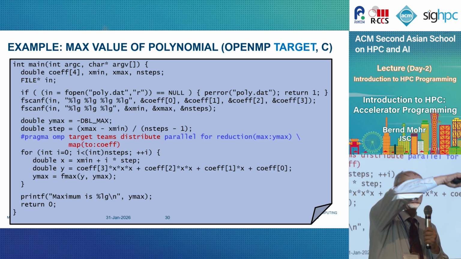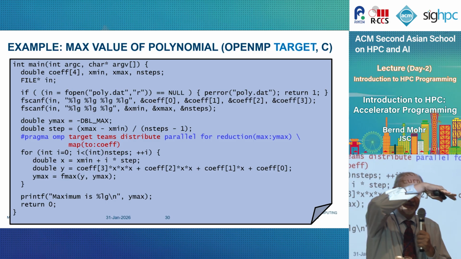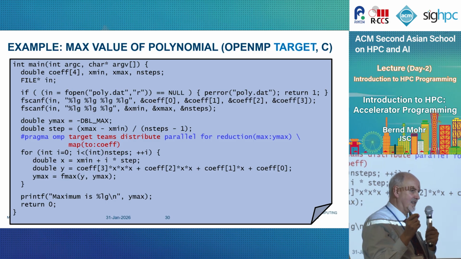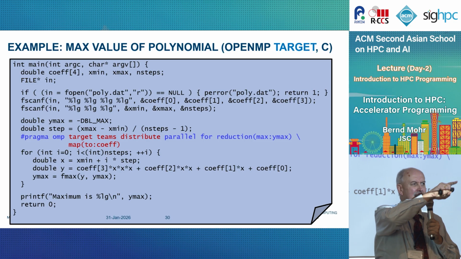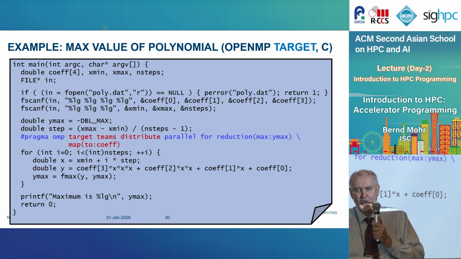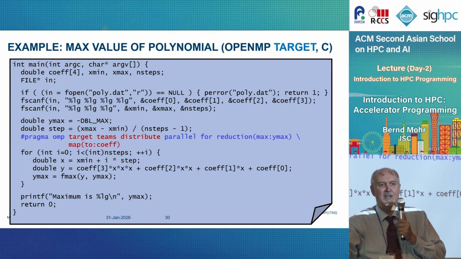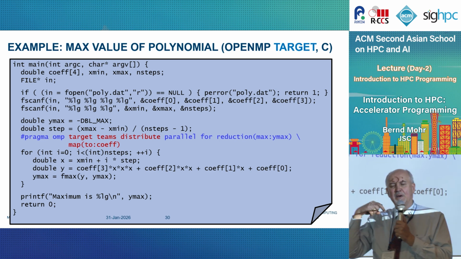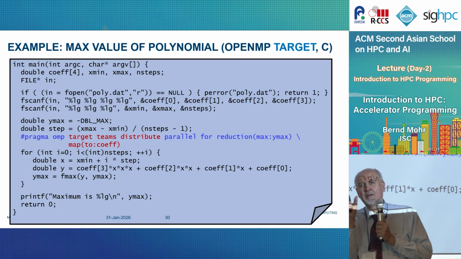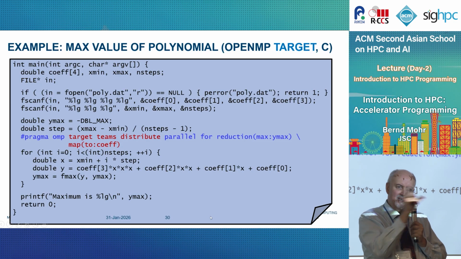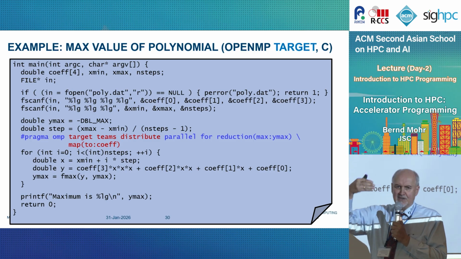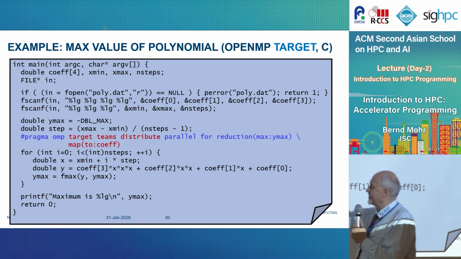You have to get the data into the GPU and get it out of it. And this is costly, because if you have huge vectors, it takes a lot of time to copy the data into the accelerator, or when you're done, copy it out. So by default, only single values, like an integer or double, are copied in and out. If you want to copy other stuff in and out, you have to say so.